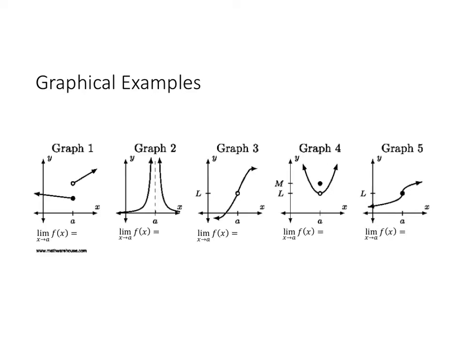So let's look at some examples, starting with graph 1. We've got the limit of f of x as x approaches a is equal to what? Here is x equals a. Now we're approaching from the left and from the right.